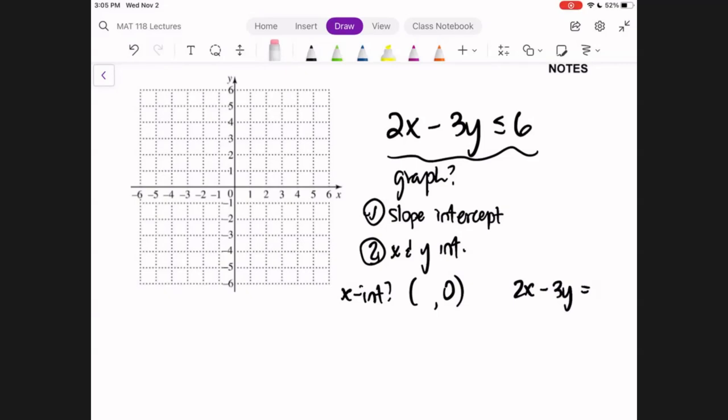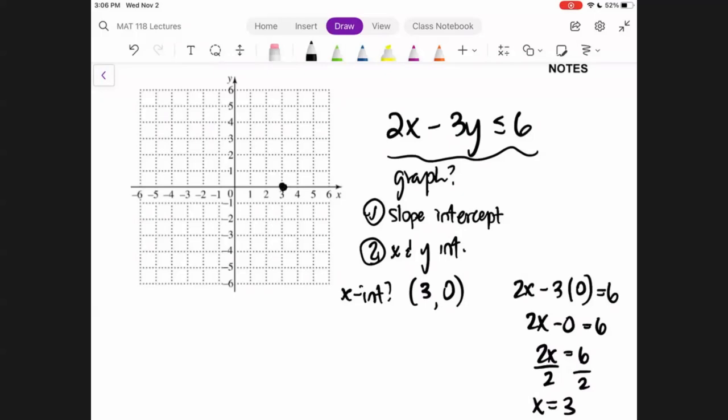What am I doing? If we're going to put a 0 here, equals 6. And now let's simplify. So 2x minus 0 equals 6. 2x equals 6. So divide by 2. x equals 3. So (3, 0) is our x-intercept, so let's mark that.